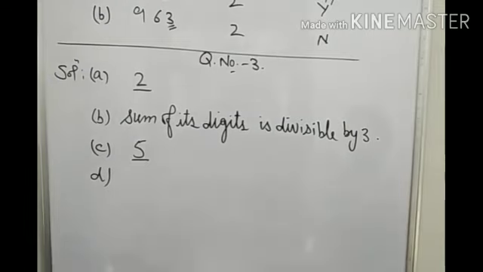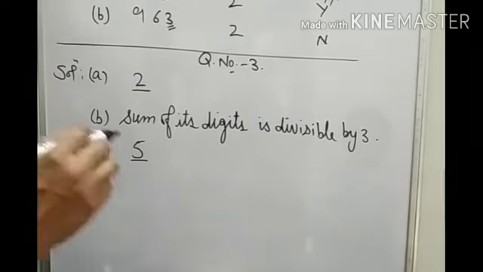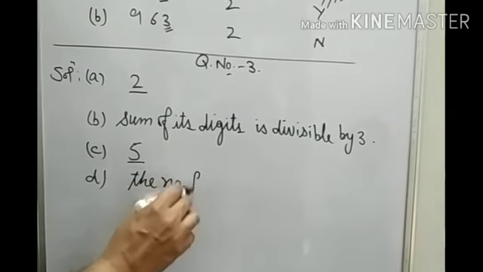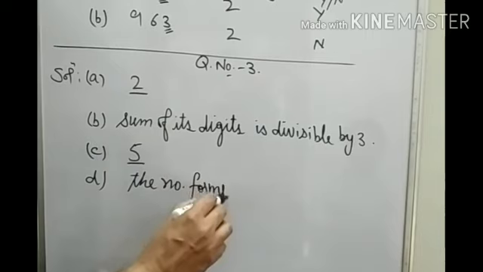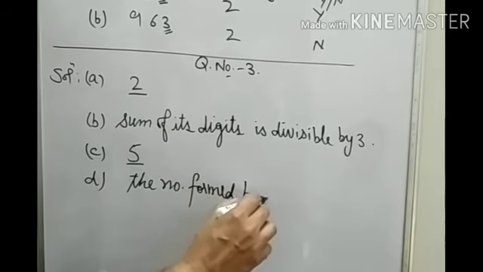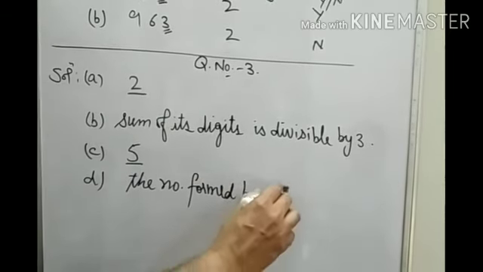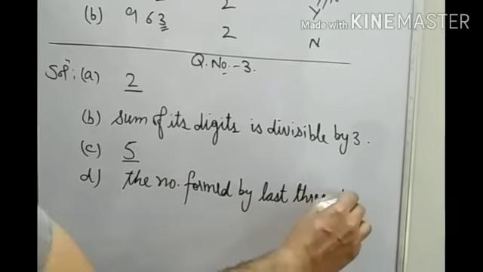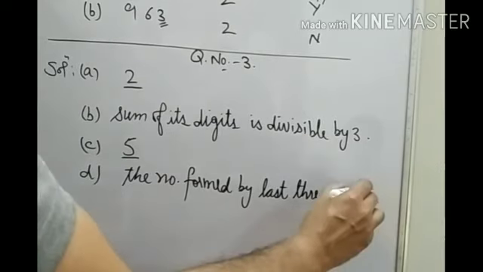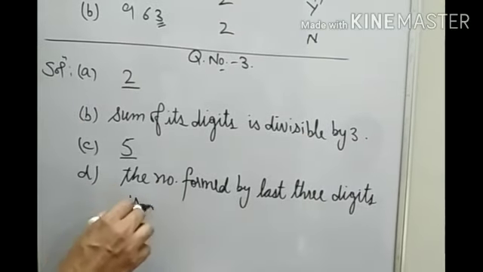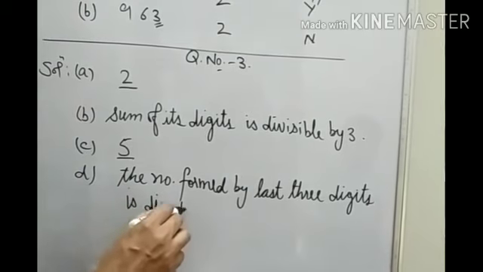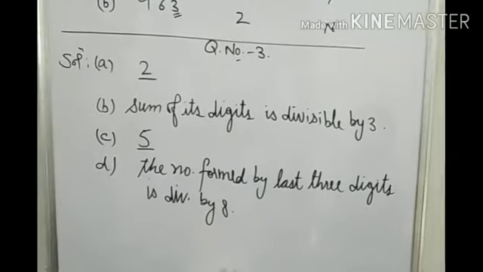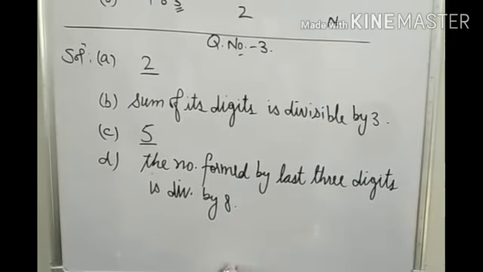If the number formed by the last 3 digits is divisible by 8. Last 3 digits means ones, tens and hundreds. So this is the answer of this part.